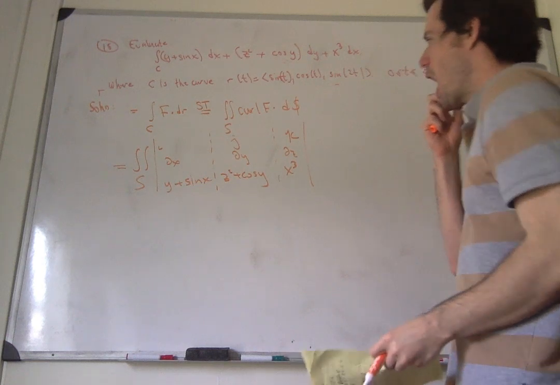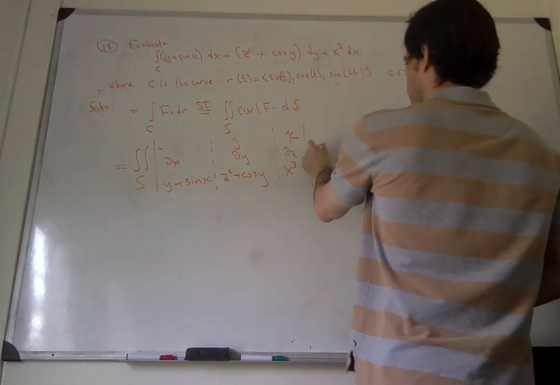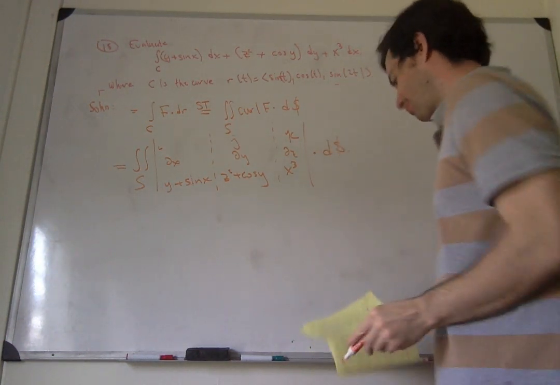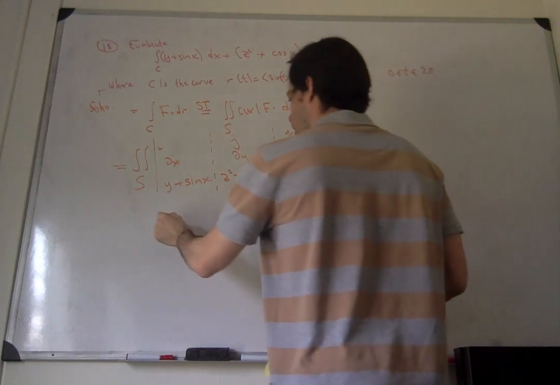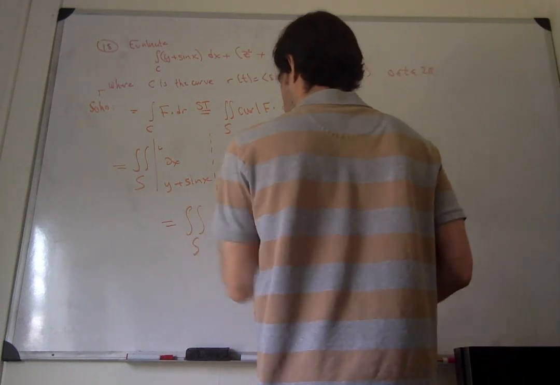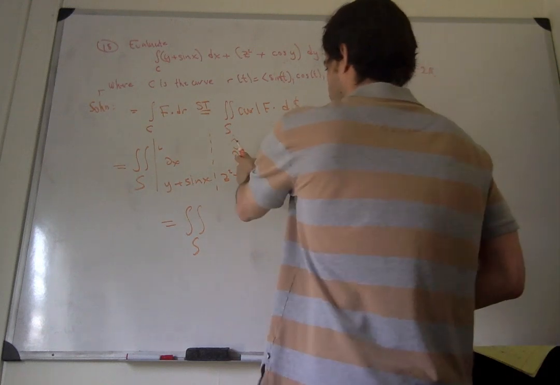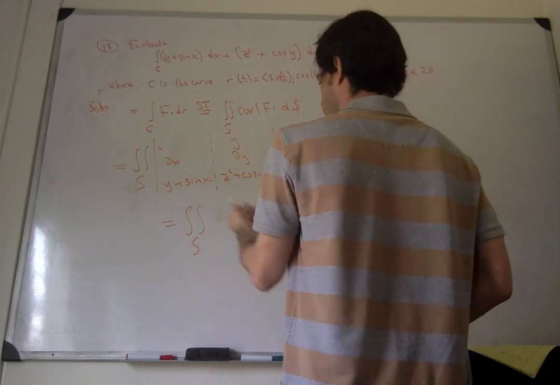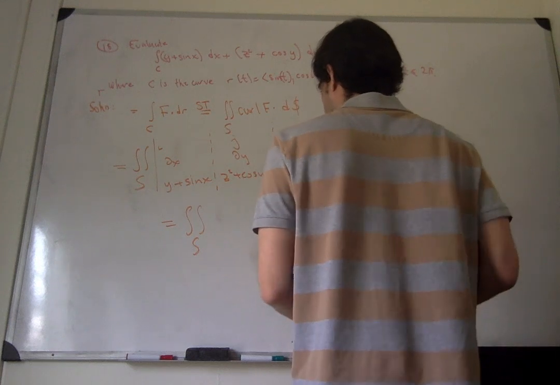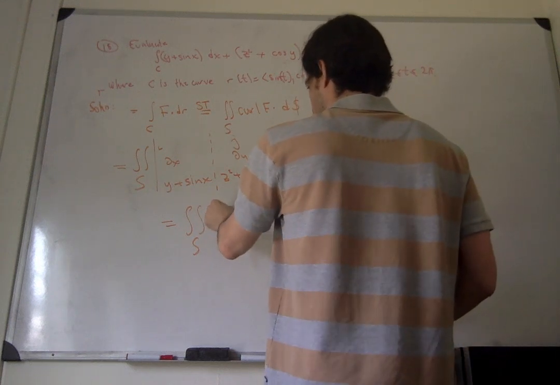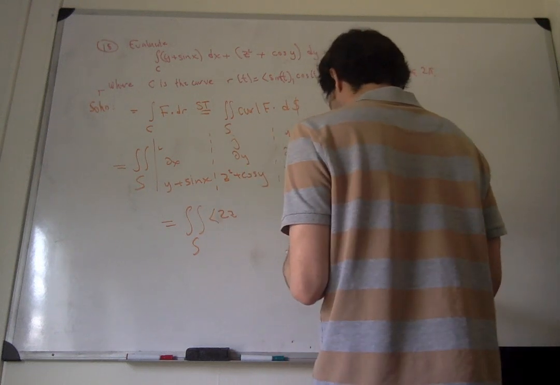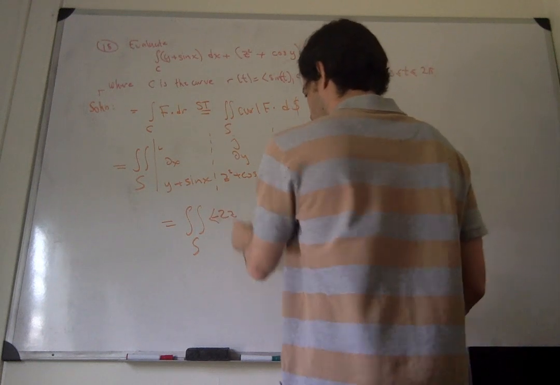Okay, good. Dot dS. Great. So what is this going to equal? Well, the partial derivative of x cubed with respect to y, that's going to be 0. When I do it over here, I get a 2z. So I get a negative 2z.